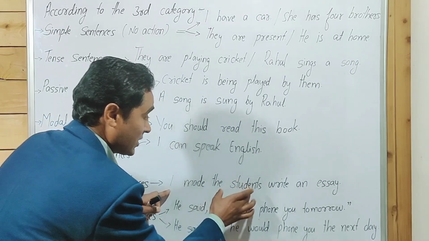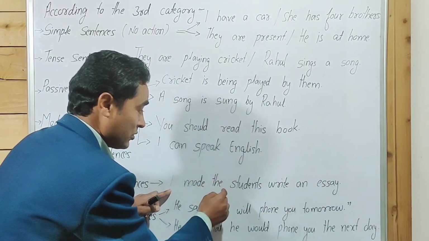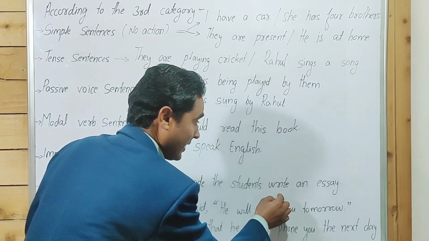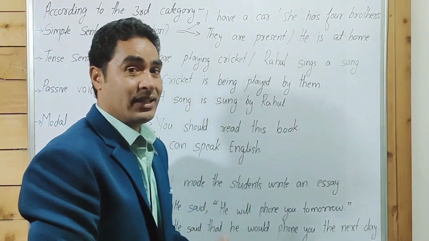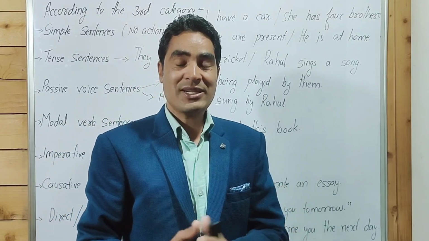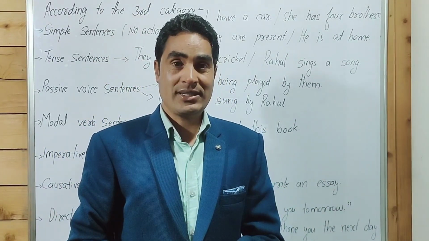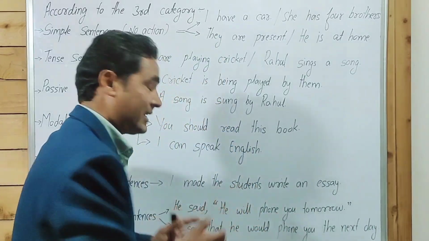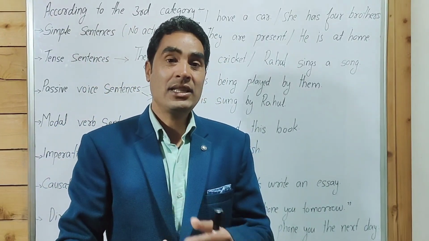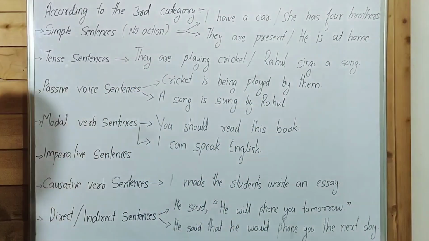It causes the students to write an essay. I will make you understand in the next slide. A causative verb sentence can be expressed in 6 ways. I will make you understand in the next slide.